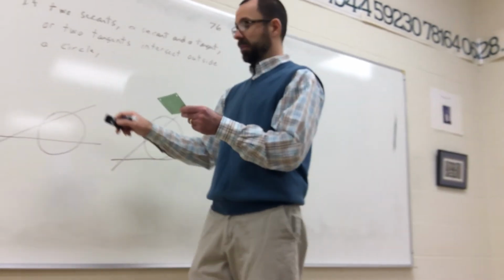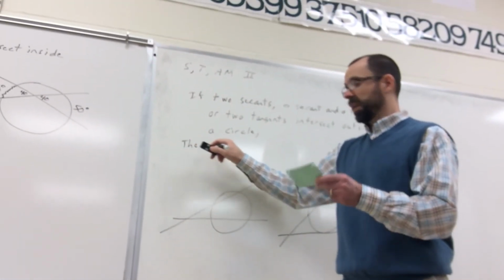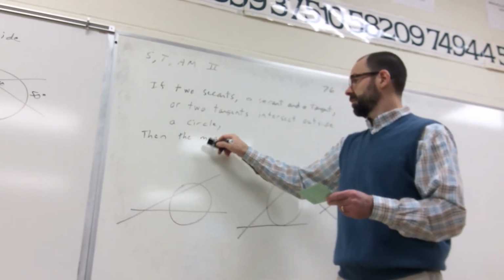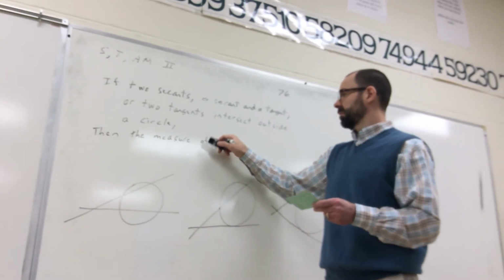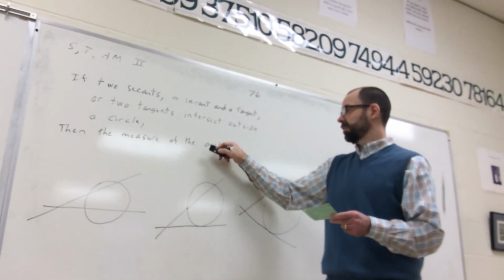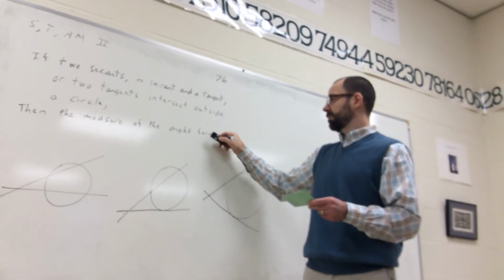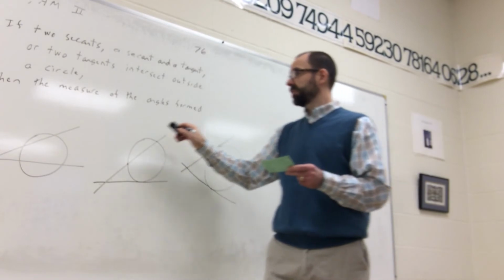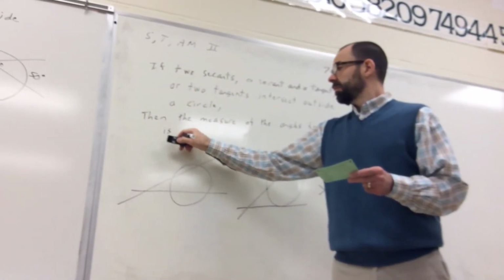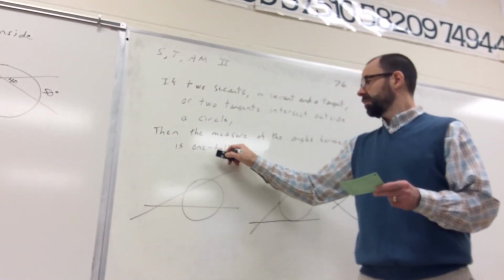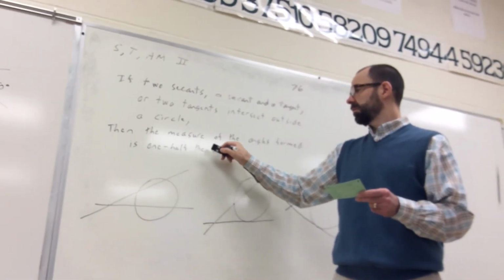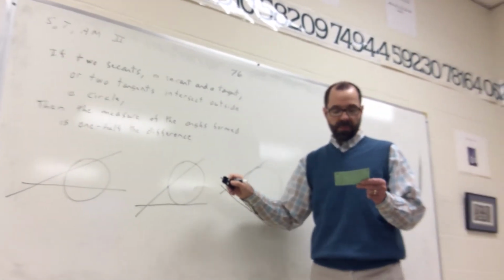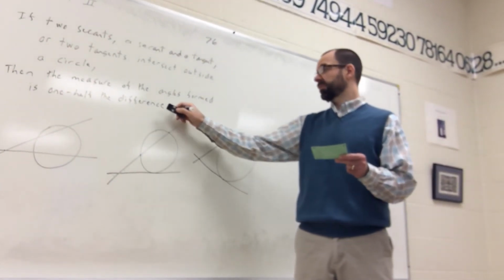All right, so it turns out that then the measure of the angles formed is 1/2 the difference of the intercepted arcs.